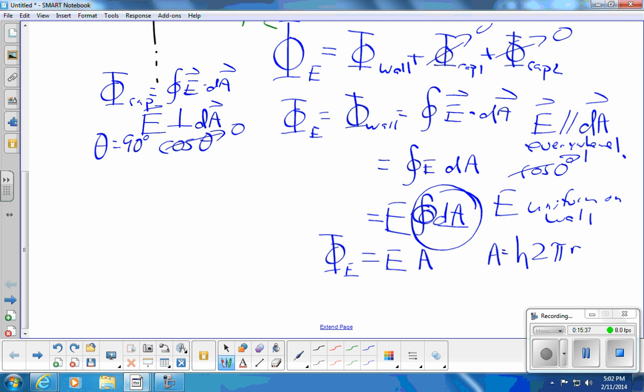So now we can do Gauss's law. Gauss's law says the total electric flux is Q enclosed divided by epsilon naught. Q enclosed we have to be careful with because we have to know how much it is. So let me go back here and say the electric flux is E times A, but A is h times 2 pi r. What's Q enclosed?